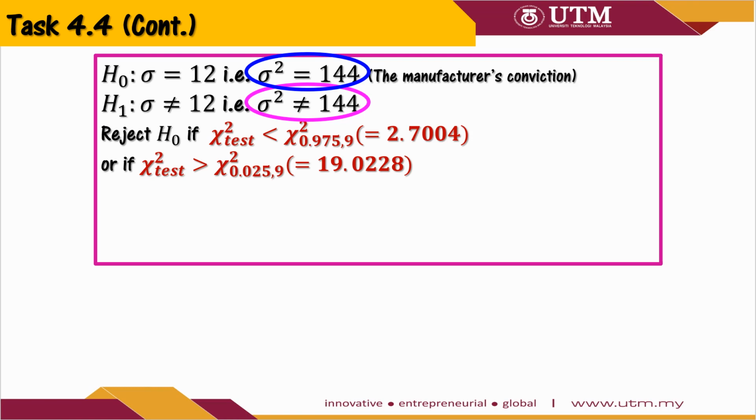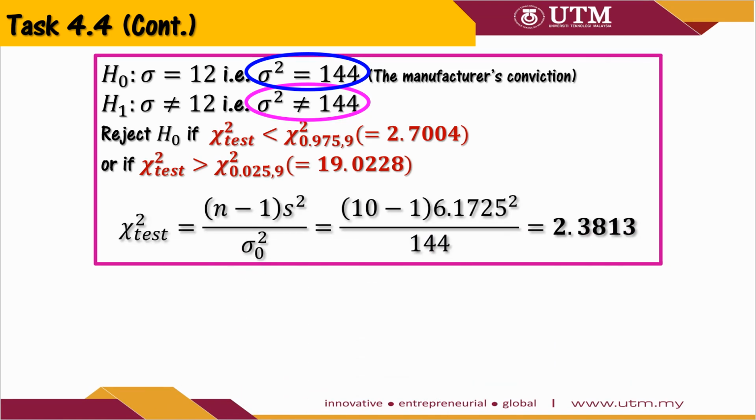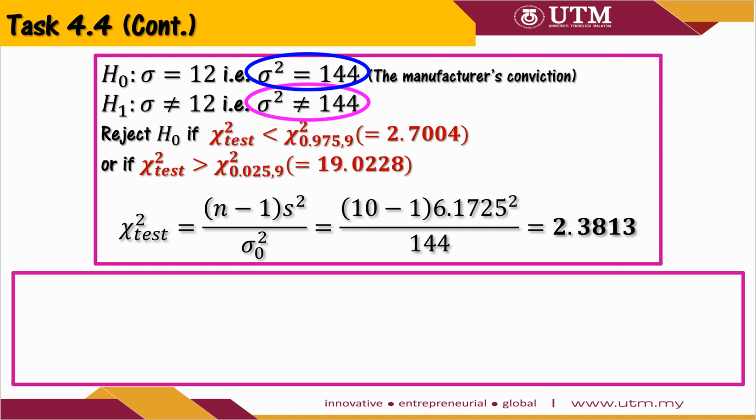Next is to calculate the chi-squared test statistic given by 10 minus 1 times 6.1725 squared divided by 12 squared, which is 144, which gives us the chi-squared test value of 2.3813. The next step is to make a decision.